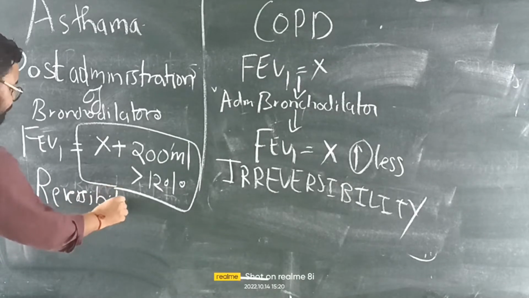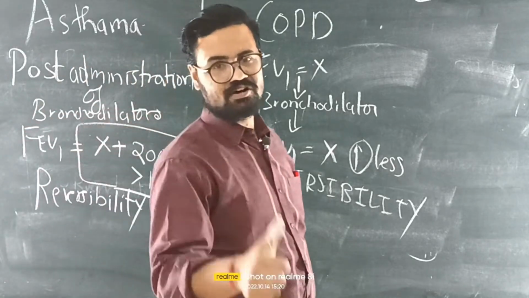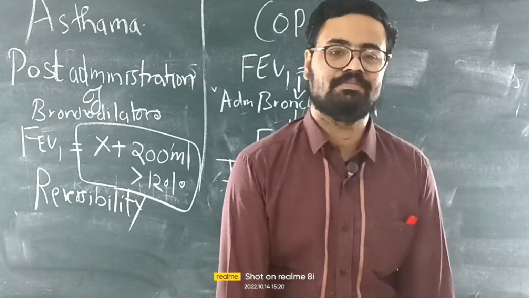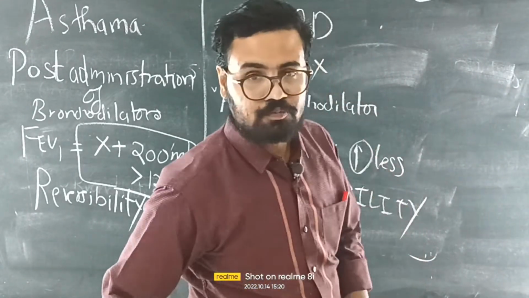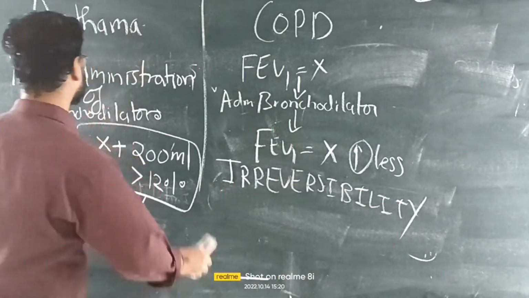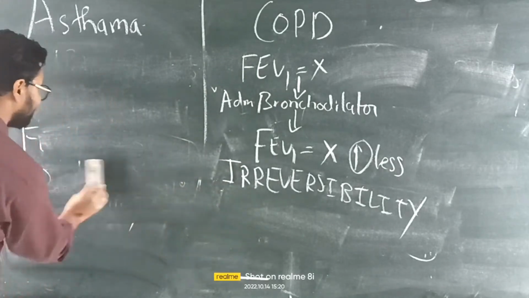This shows reversibility, and this reversibility confirms the condition of asthma. This is the confirmatory diagnosis of asthma. I hope you will like this. Note it down, guys. Mark my words. Note it down in your notebooks. So what will be the diagnosis?